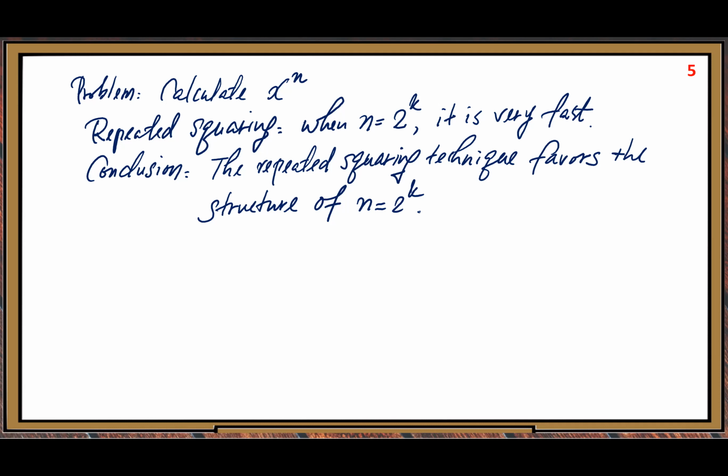Now the new question. How about the power of 3 structure? When we change the structure to 3 to the kth, the structure is different, then repeated squaring may not be good.